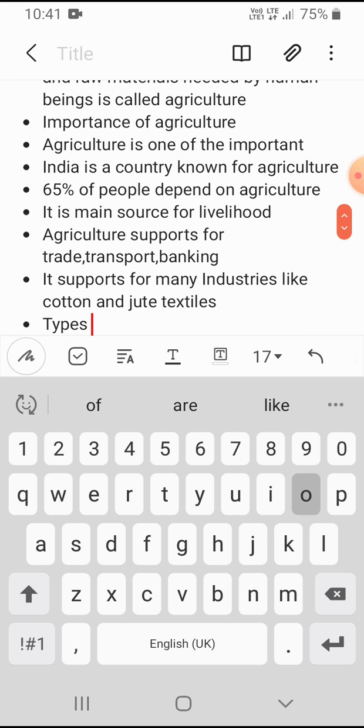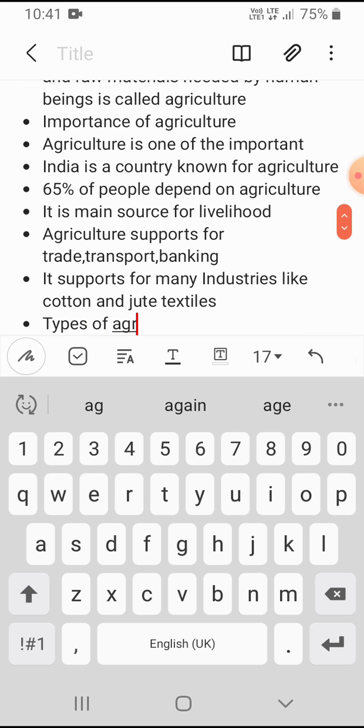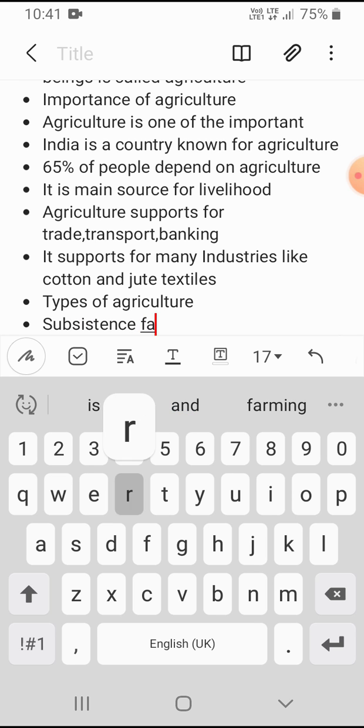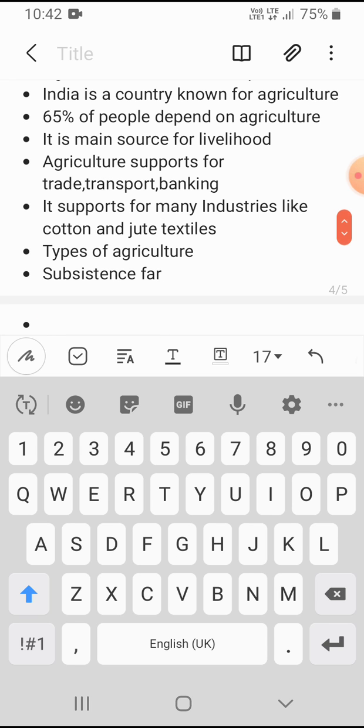And types of agriculture. You learnt how many types of land patterns there are. Here let's know about types of agriculture. So first type is subsistence farming. So subsistence farming, let's know.